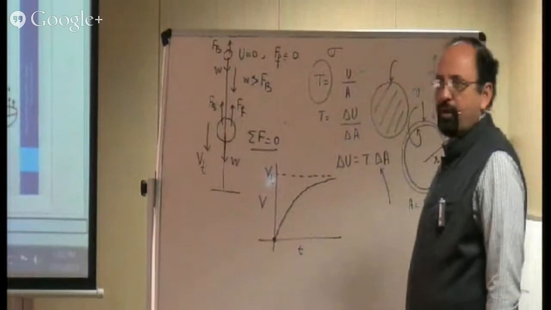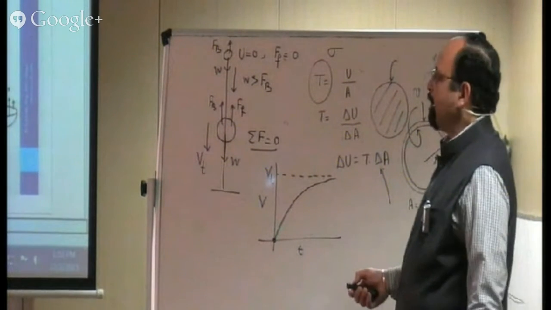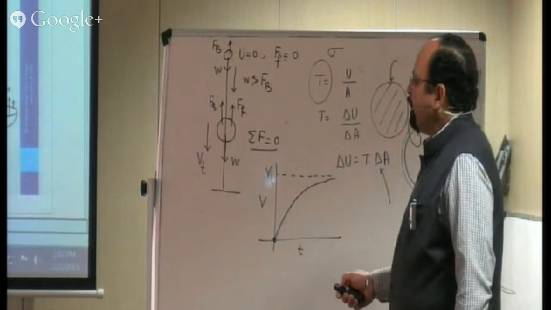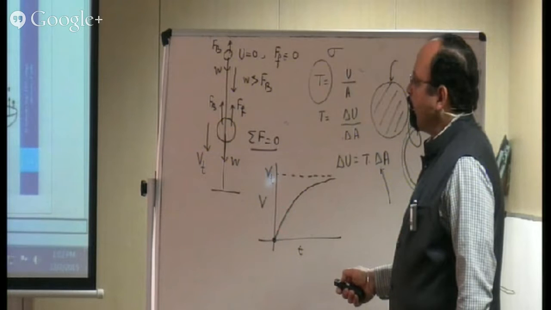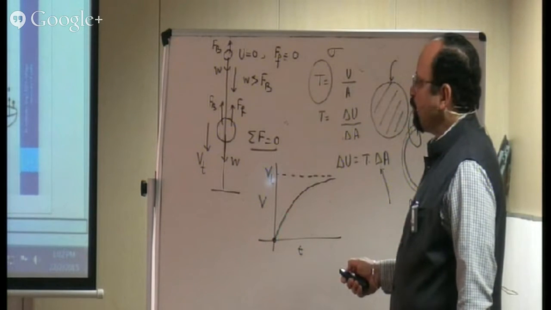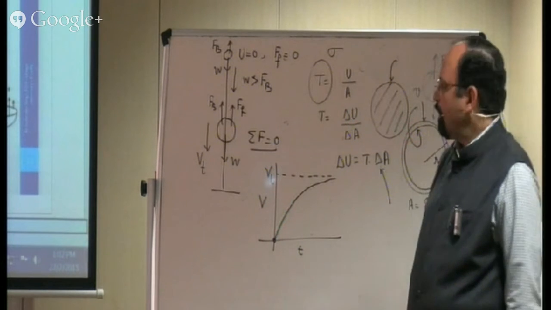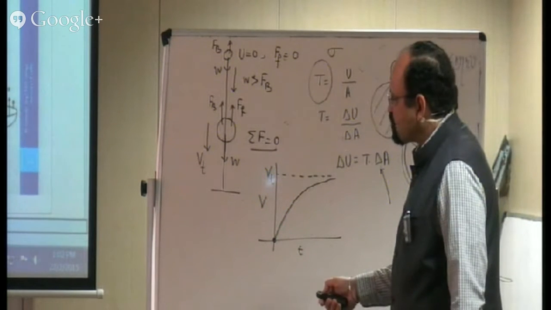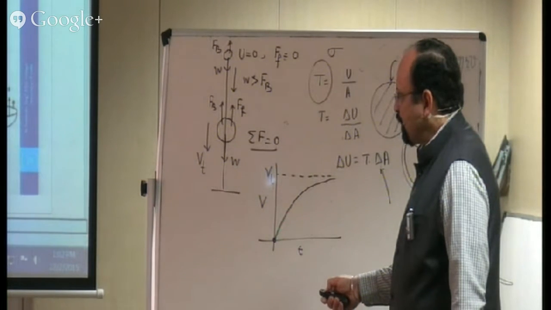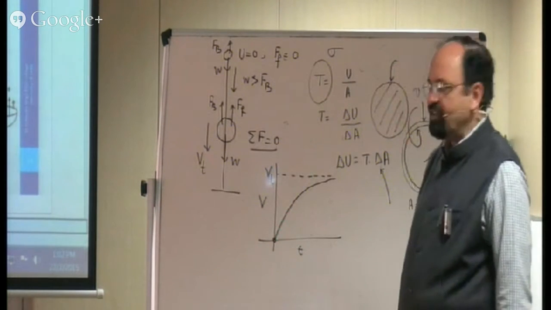The very important relation is for the capillary rise; a number of questions are there on it. When we talk about the wetting liquid, we notice that the liquid rises up to a certain height only, and this height is given by the relation h = 2T cos θc by R rho g. Let's recognize everything.